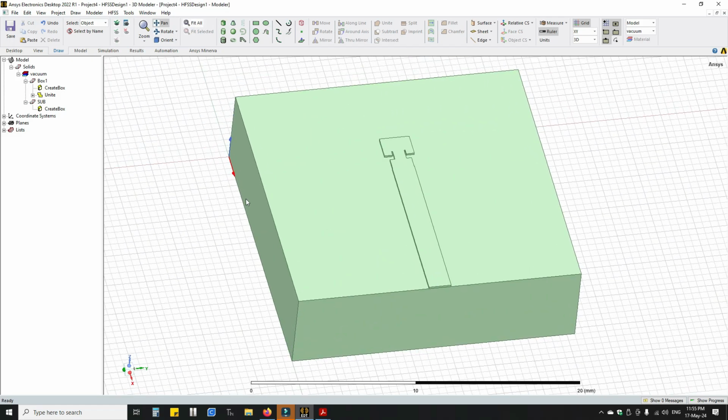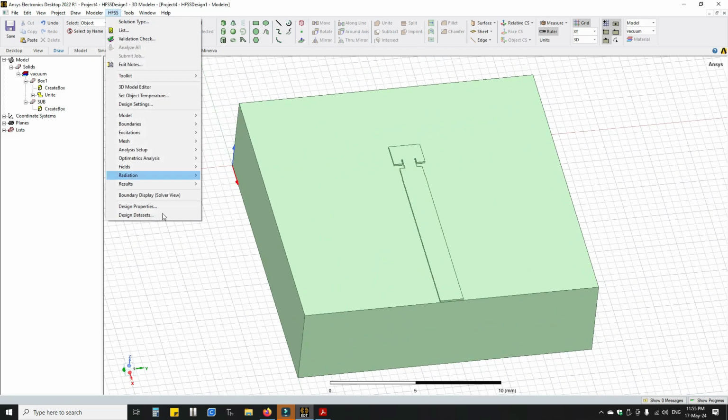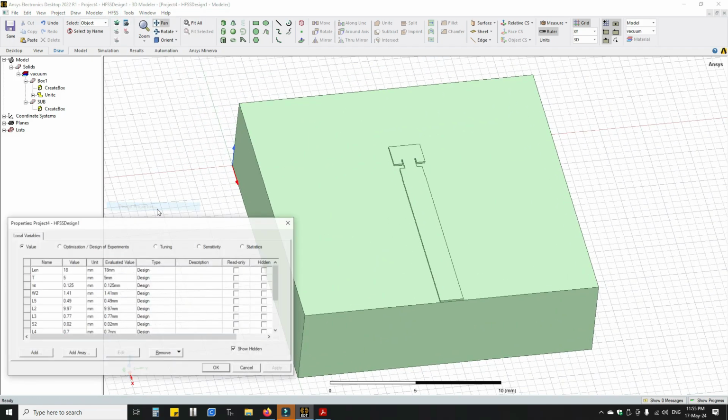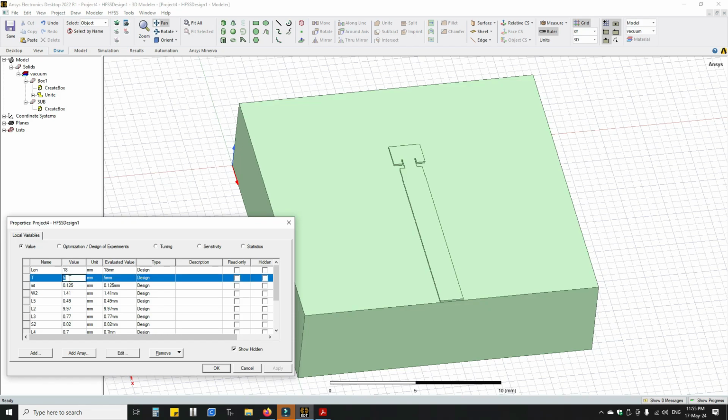Very huge. So just learn the concept of how to design an antenna so that you can do miracles.